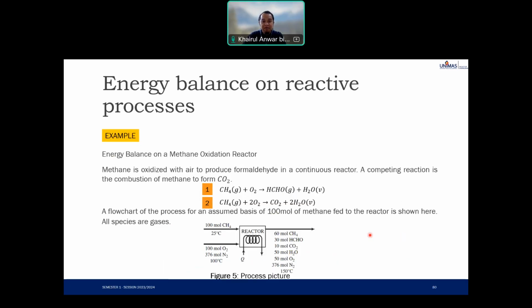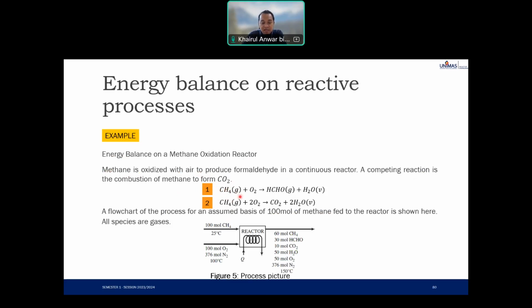This is an example for heat of formation. In the methane oxidation reactor, methane is oxidized with air to produce formaldehyde in a continuous reactor. A competing reaction is the combustion of methane to form CO2.